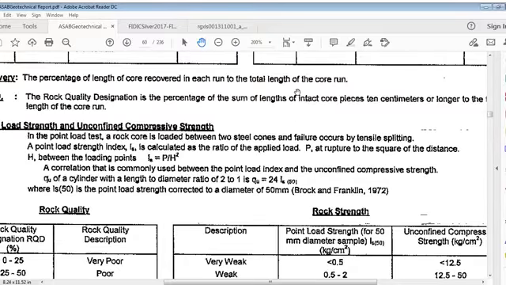Next, we go to point load strength and unconfined compressive strength.